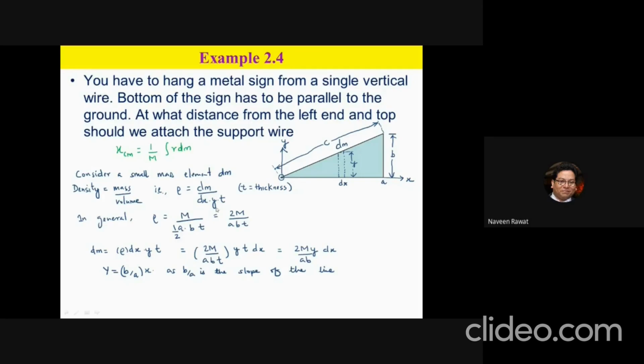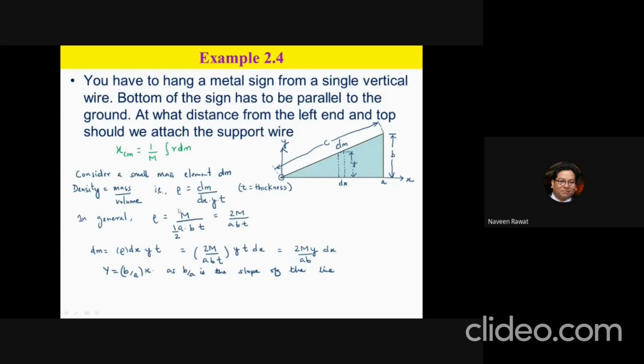If you write the density of this small mass element, you will get the density is dm divided by the volume, which will be this dx times y times a certain thickness of your triangular sign. Similarly you can write a general expression for your density as well. Like I said, density doesn't change.